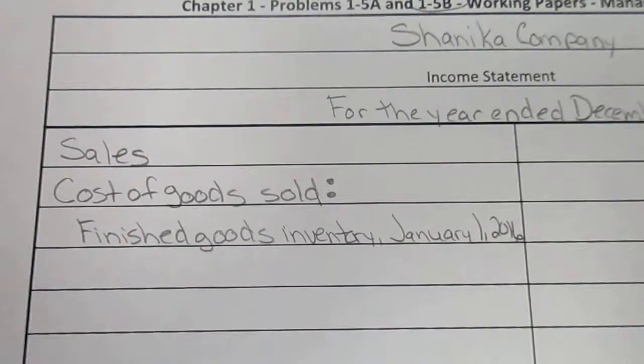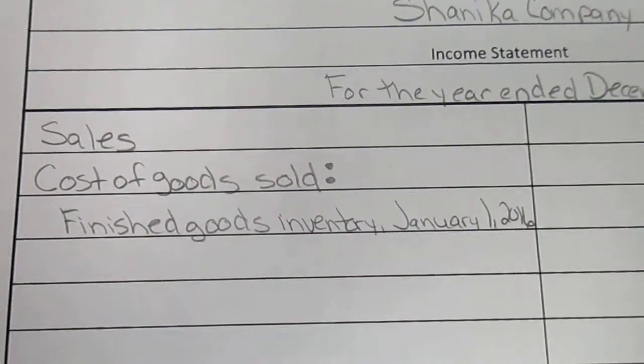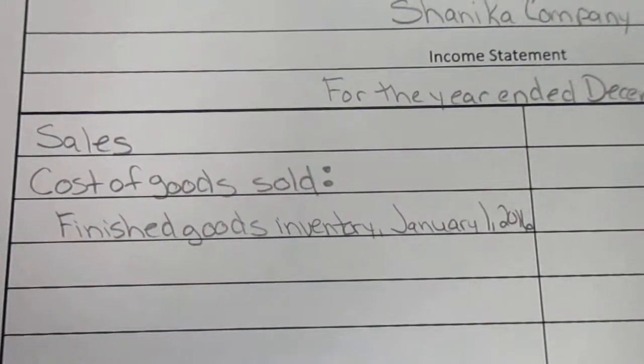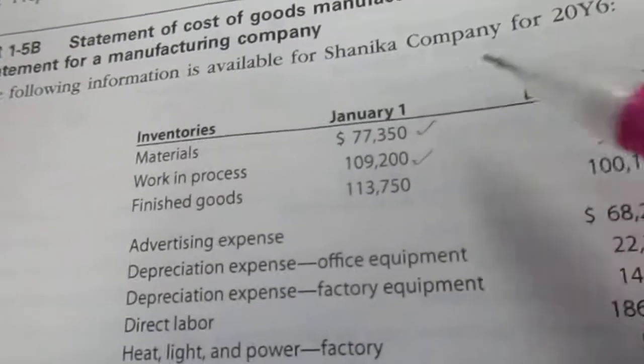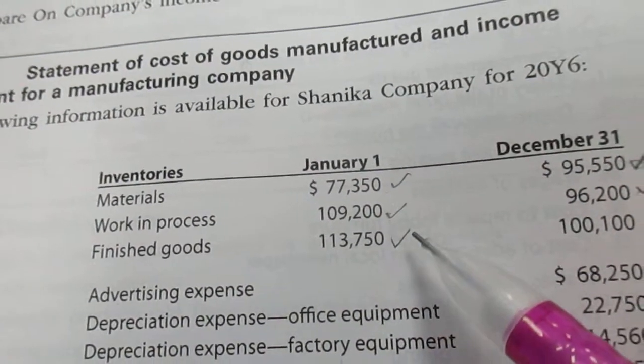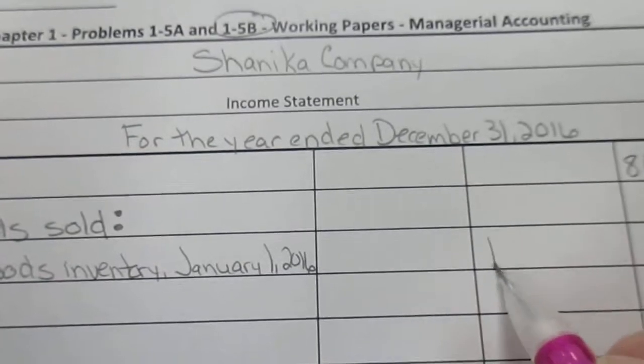Now, we remember from our PowerPoint that our finished goods are any product that was completed. It was completely created, it was completely done, but not sold yet. So if we look in our textbook, our finished goods inventory as of January was $113,750. So that number is going to go in the middle.